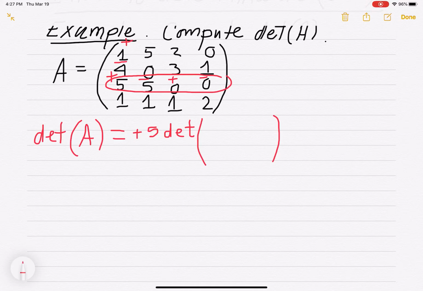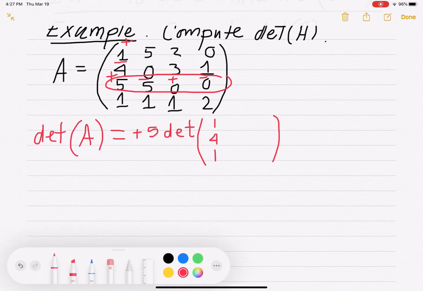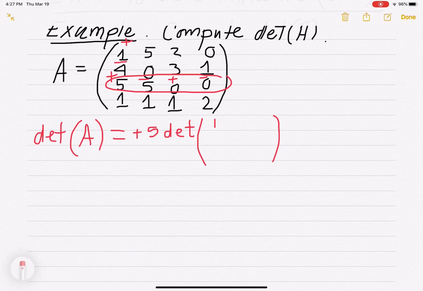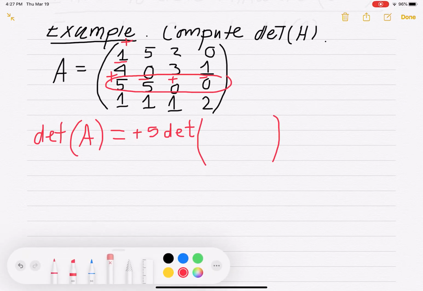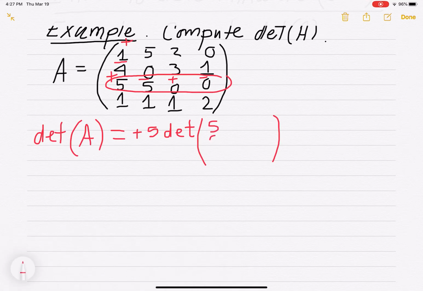So we're going to have what? 1, 4, 1 in the first column here. Oops. I should be crossing out the first column. So I'm crossing out the third row and the first column. So let me do that one more time. Okay. So here I go. I'm going to have 5, 0, 1 for my first column of my submatrix.